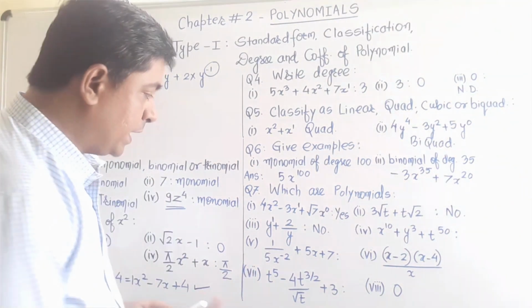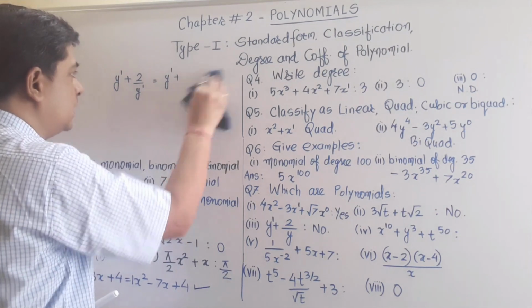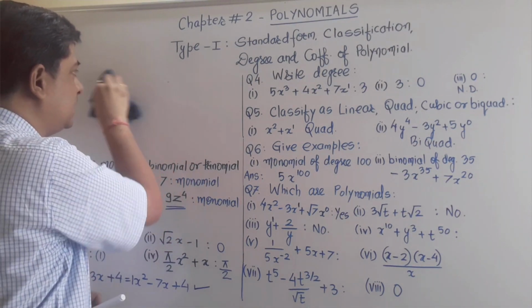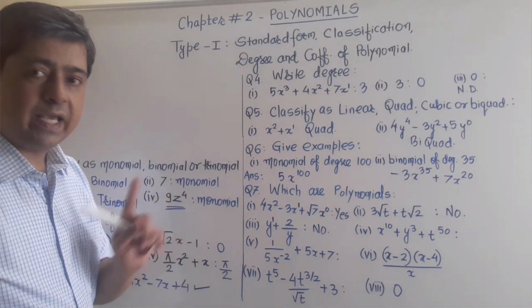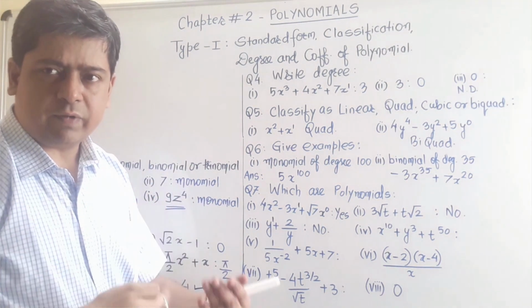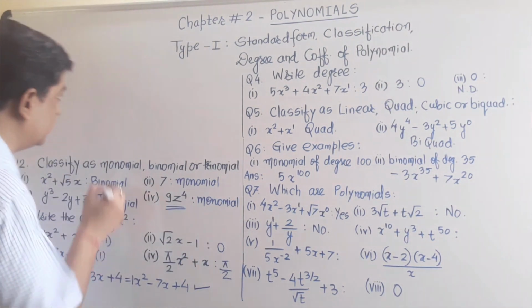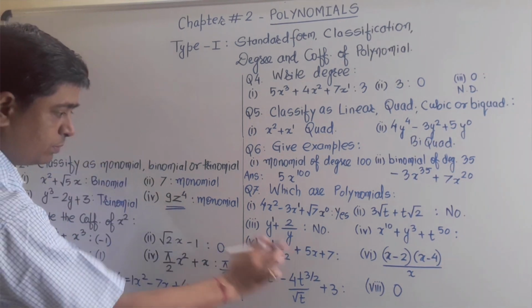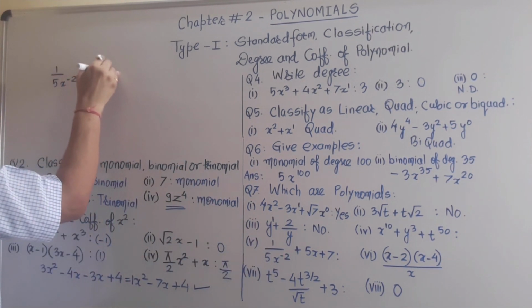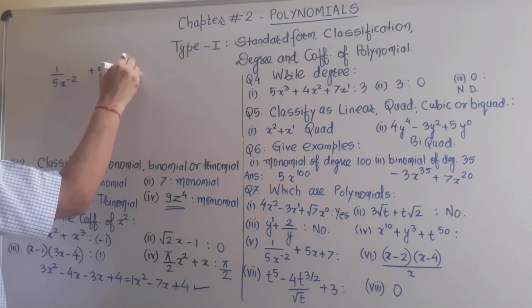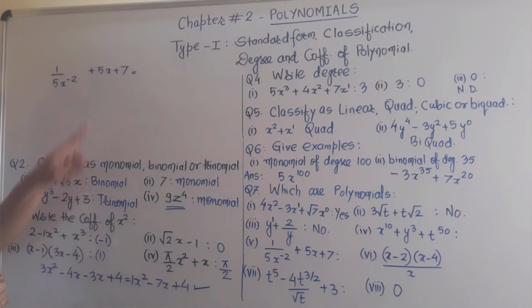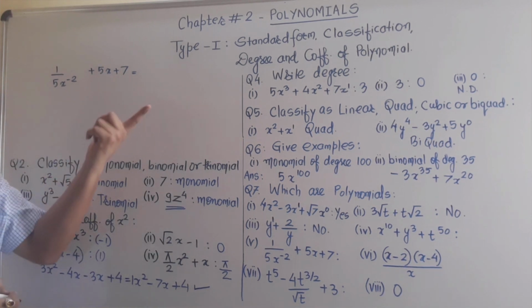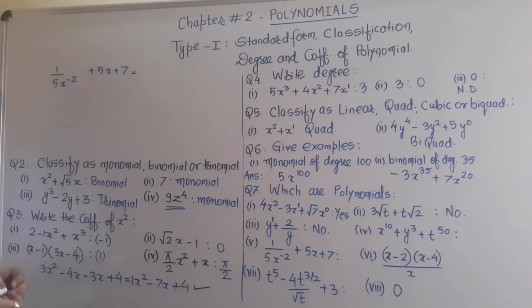In part number 5, one thing you note, again I cannot decide the power of a variable when it lies at the place of denominator. So let us simplify a little bit. We are given 1 upon 5x to the power minus 2, plus 5x plus 7. Here for 5x, the power of x we can write as 1, and along with 7, any constant can be written with variable power 0.